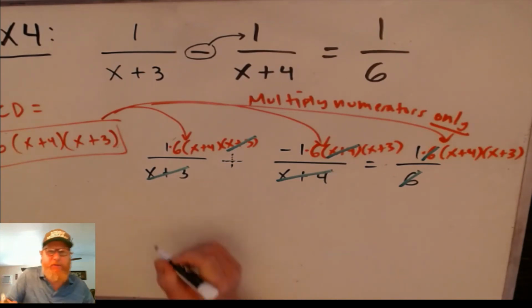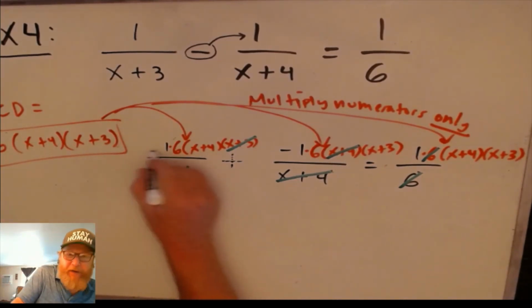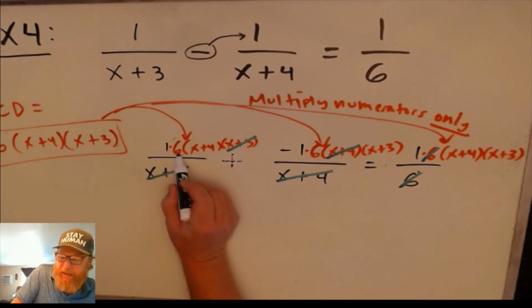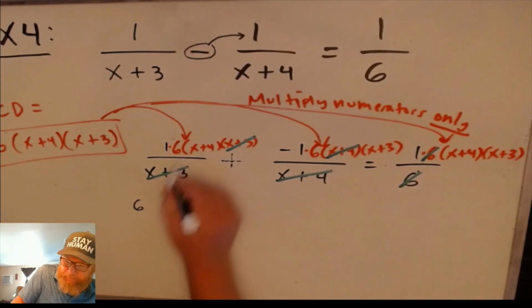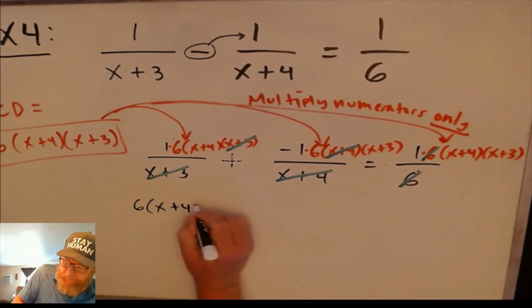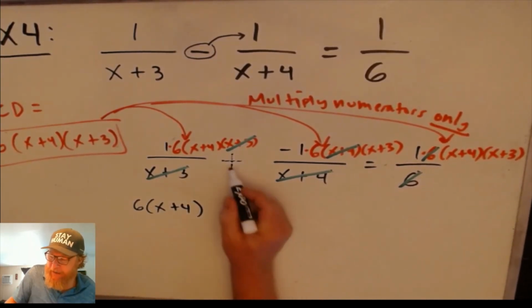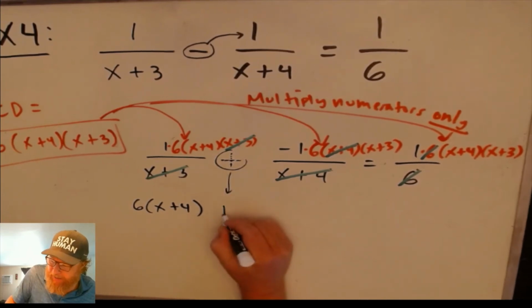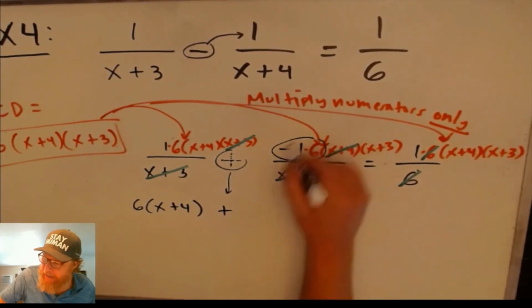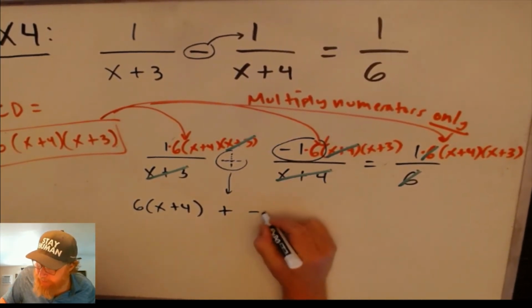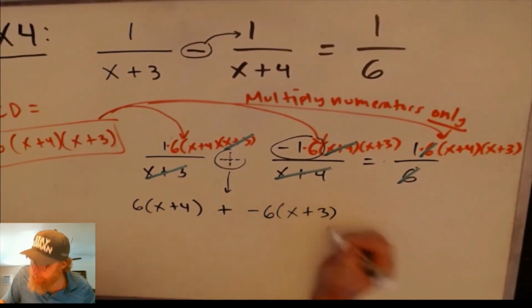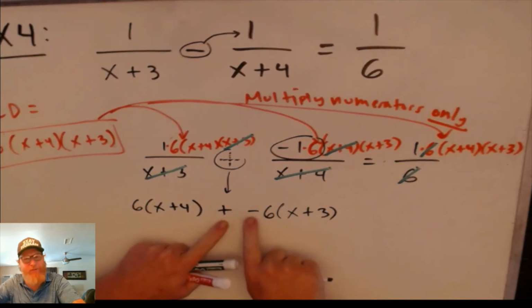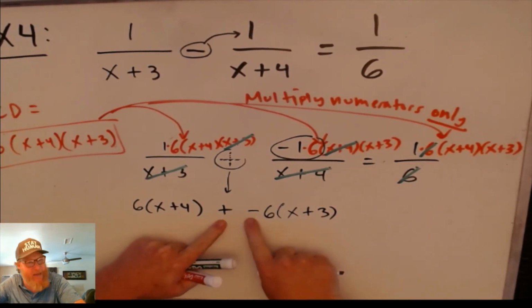All right, now once you've done that, now you're going to multiply everything out. So 1 times 6 is 6, and then x plus 4. All right. Now technically this is plus, and then -1 times 6, which is -6 times x plus 3. Now again, you don't really have to write plus a negative.